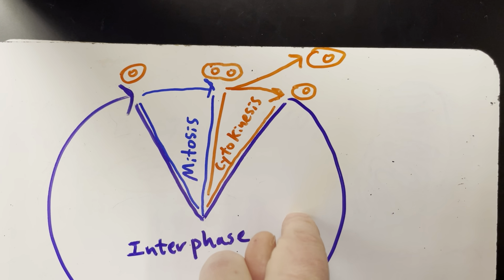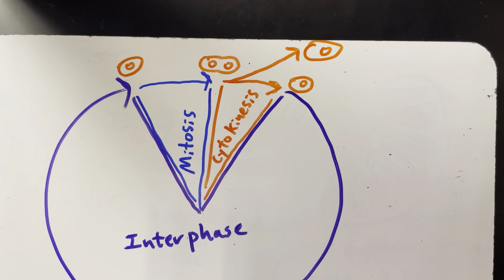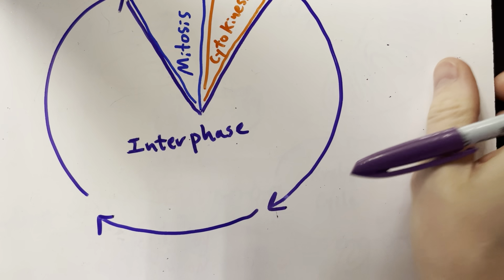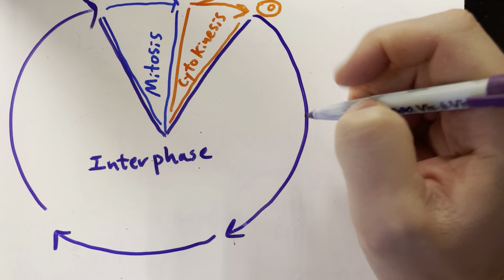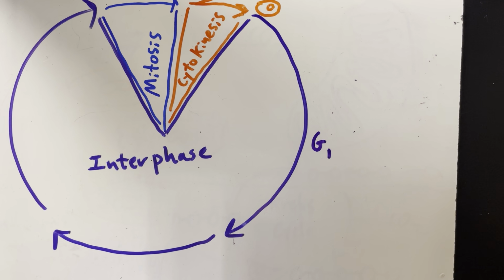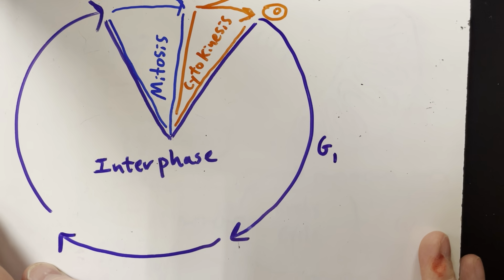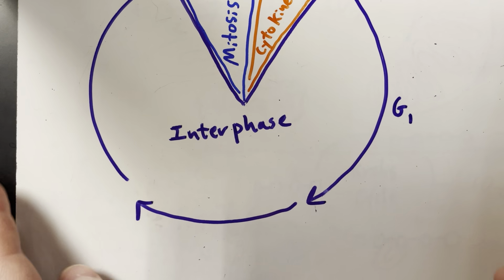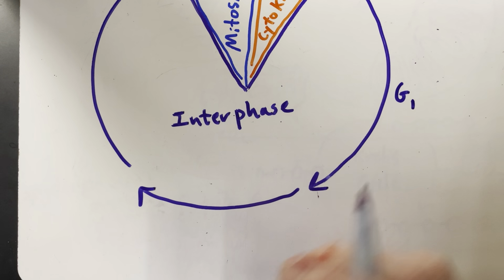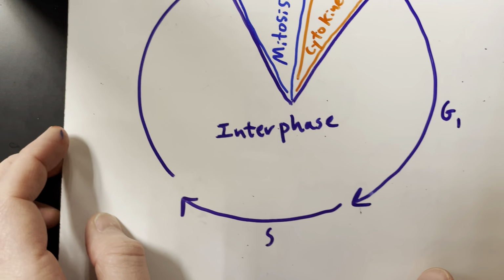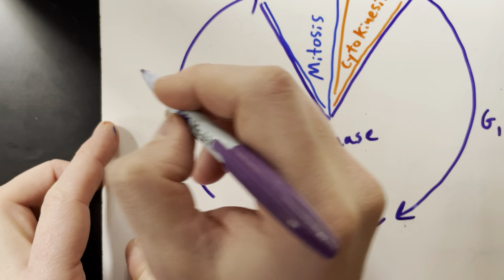So we're actually going to jump into interphase here. And there are 3 sections to interphase. You see the 3 arrows I drew? The first one here on the right, we're going to call it G1. And the second one is called S. And finally, we have G2.